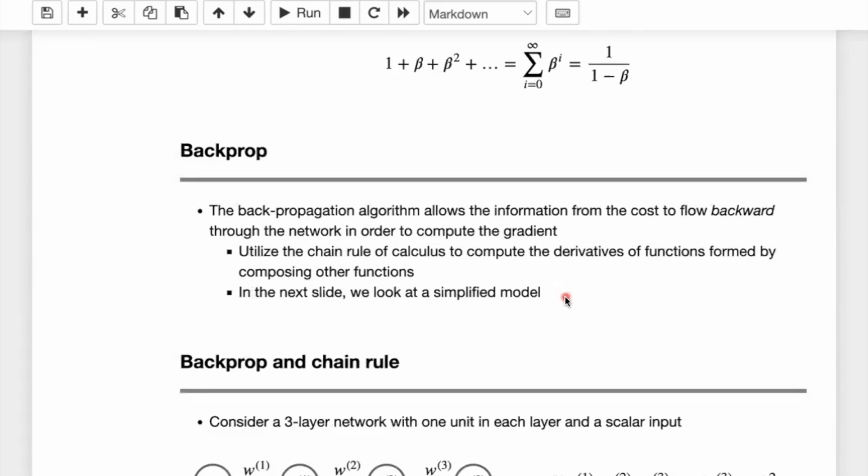And the key idea here is using the chain rule of calculus, which we can use to compute derivatives of functions that are in the form of composite or nested functions.